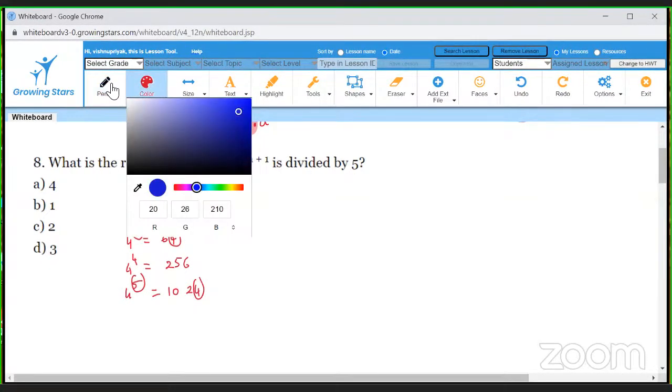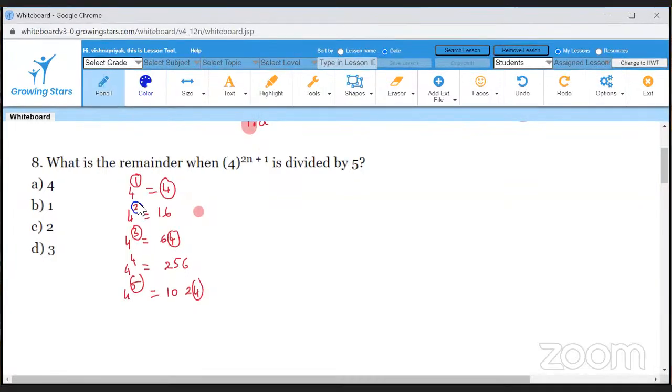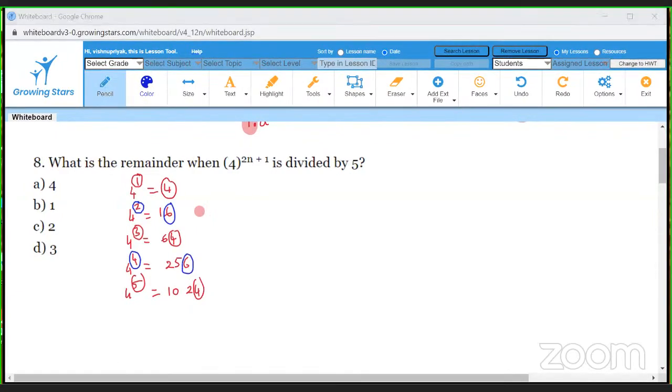When you take even powers of 4, they end with 6. This is the thing to observe. So when 5 divides the nearest 10, 4 will be obtained as the remainder each time.